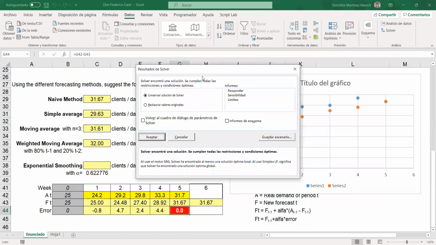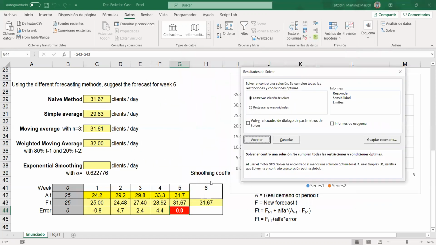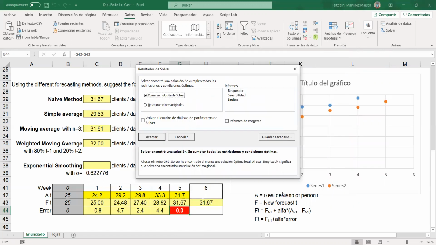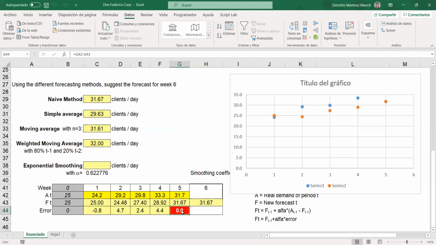I solve it. And now it's telling me the best answer that I can possibly have, considering this information, and I didn't run it complete, I stopped it without running it, is that in order for my error to be the least, which in this case it was able to find a solution with 0 error, my new forecast is 31.67.